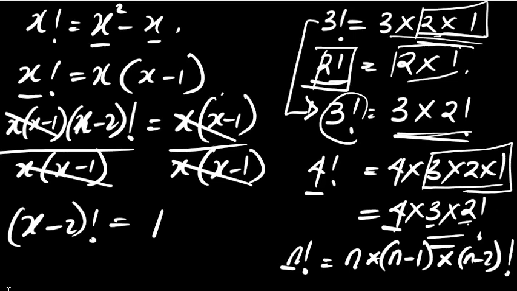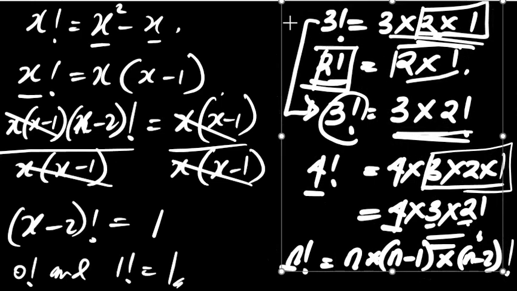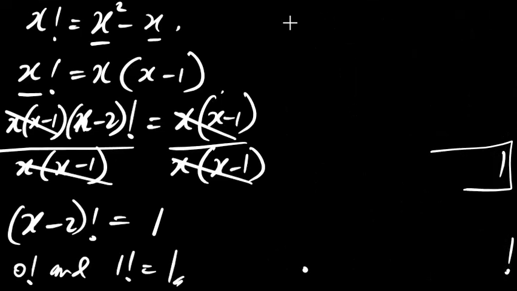And in factorials, the only factorials that can give you 1 are 0 factorial and 1 factorial.